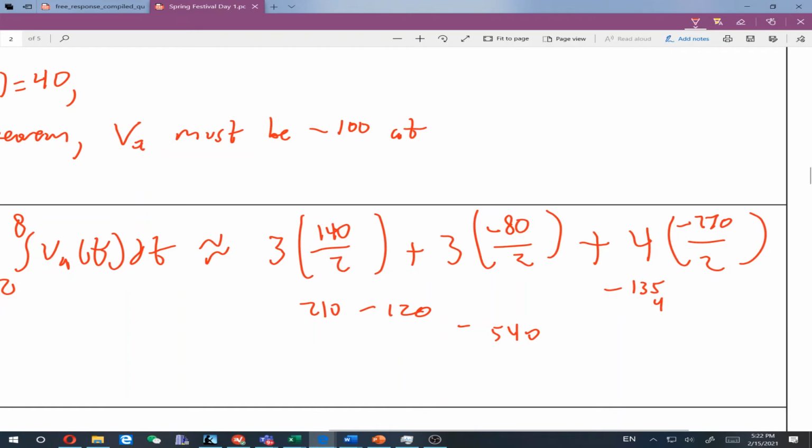So this is negative 90, and the negative 540 is negative 630. Now, negative 450. Going the opposite way.